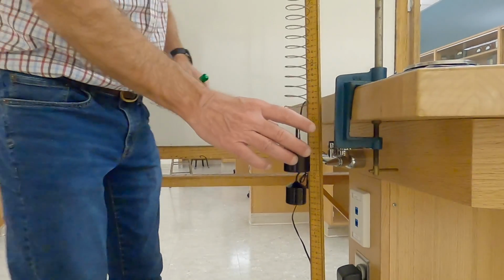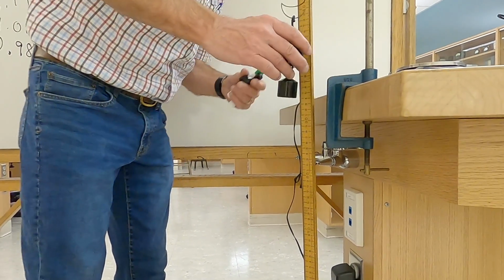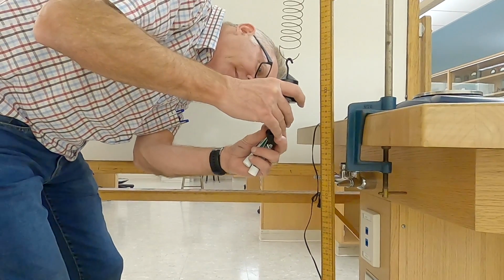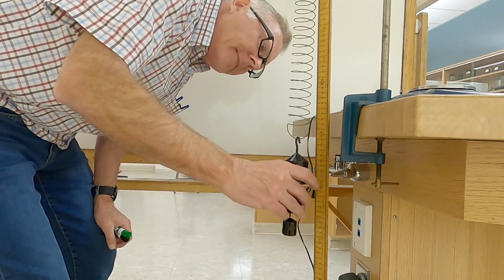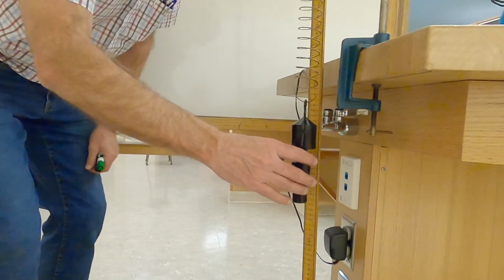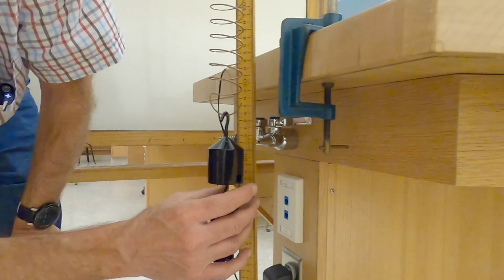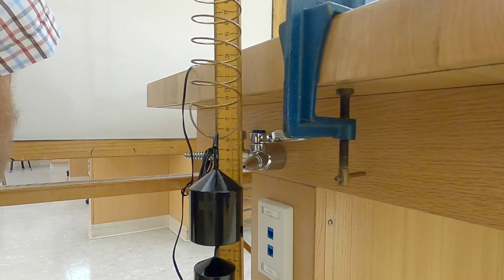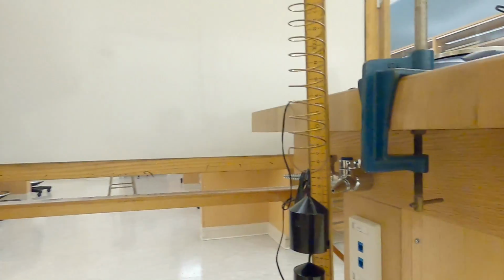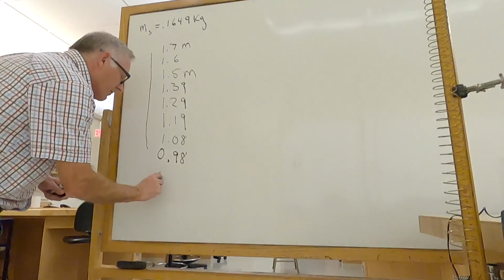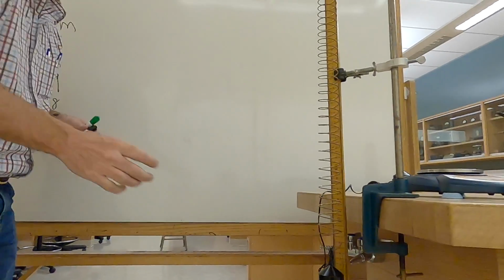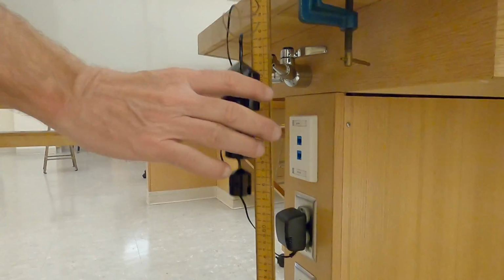Okay, now we can go down to 0.8 right here. Now the distance is at 0.88. Now we can get the period.